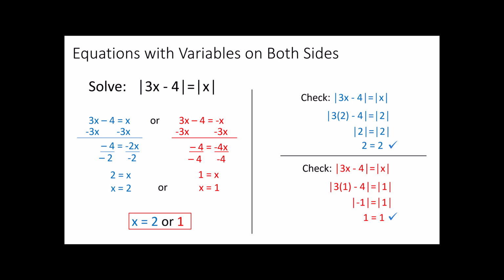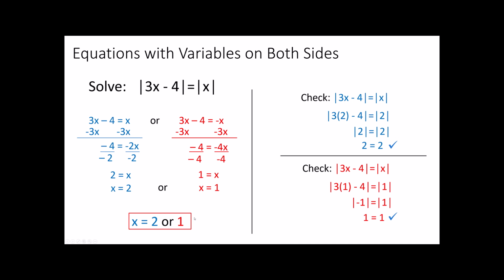The big difference between what we're doing here in this slideshow and what we did in the previous video is because we have a variable on both sides, we always have to check whether these work. Because in most equations, when we solve something correctly, we get answers that do indeed make the equation true. However, when you're working with absolute values, you have to be very, very careful, because even if you do every single thing right, sometimes you will get an answer called an extraneous solution.